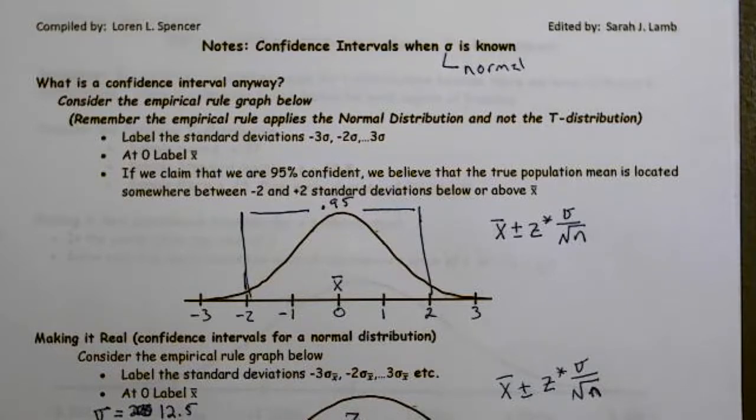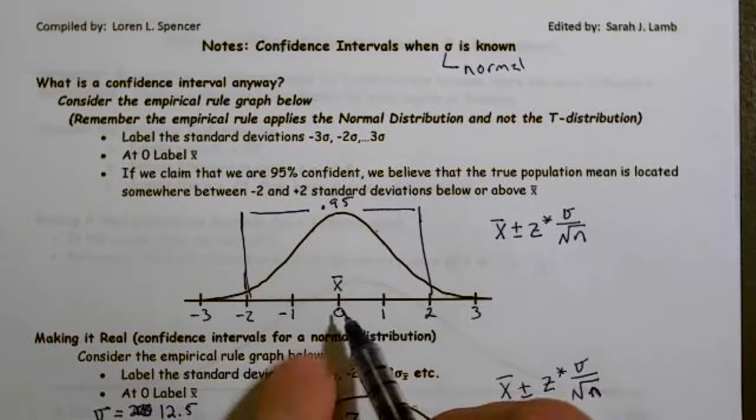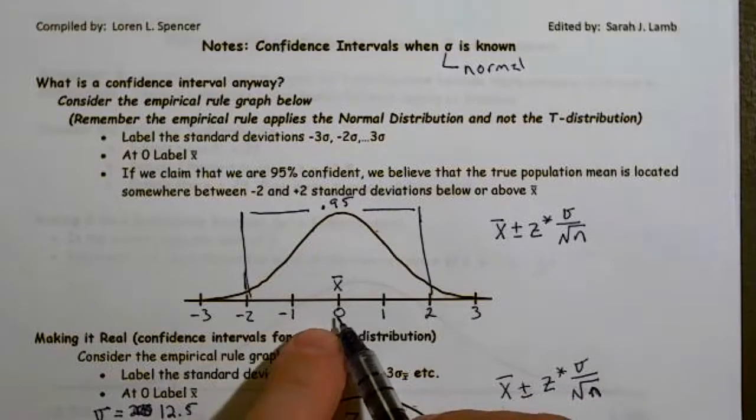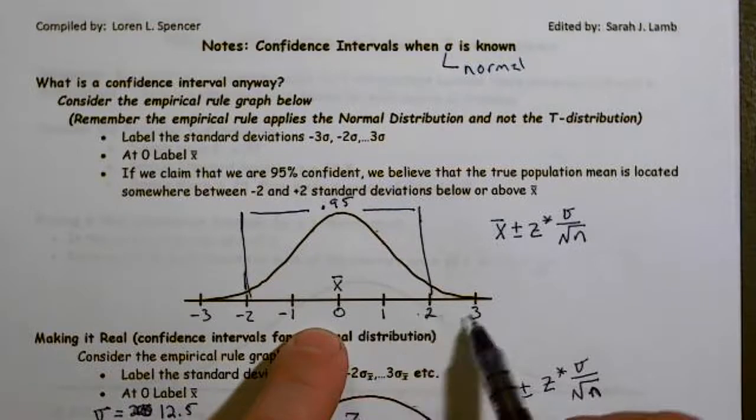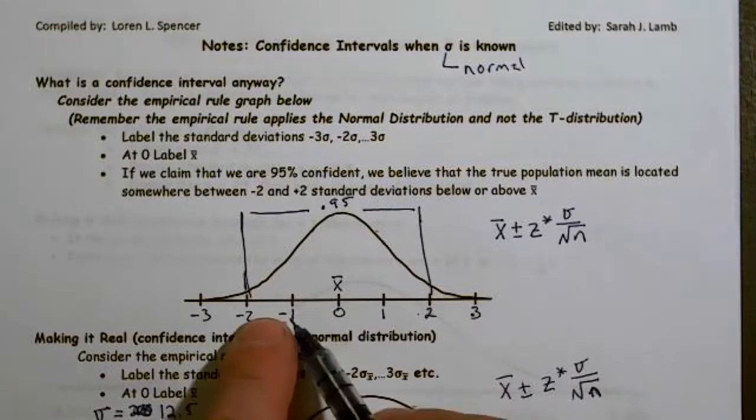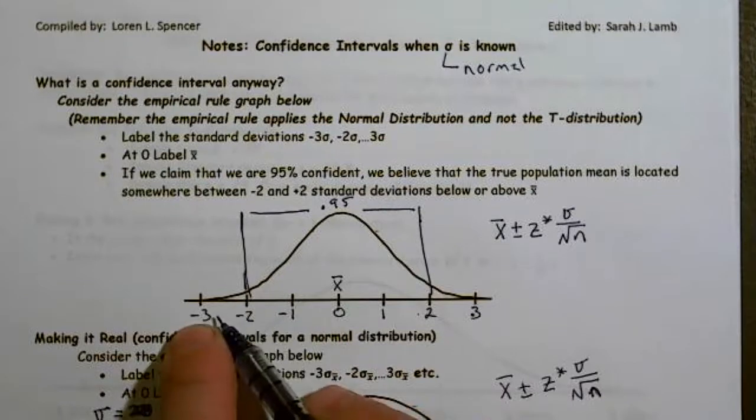So it's basically giving us the two values. If I were to create a 95% confidence interval and just use the empirical rule, it's centered at 0. We have 1, 2, and 3 standard deviations to the right and -1, -2, -3 to the left.